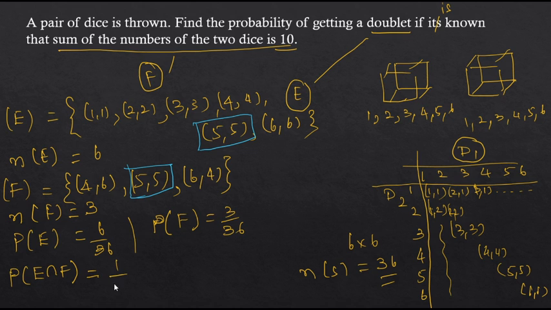So 1 out of 36 will be E intersection F. Are you able to follow? So probability of E intersection F is 1 by 36.